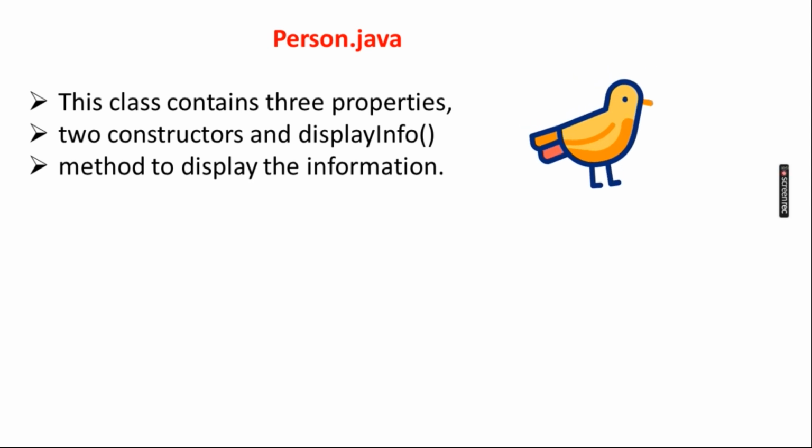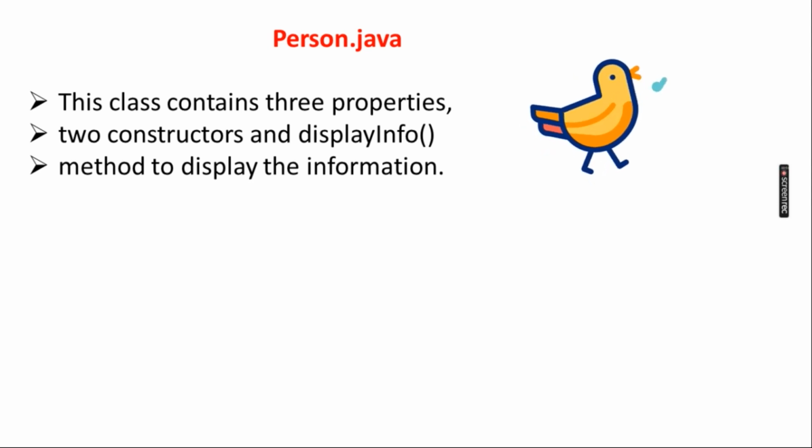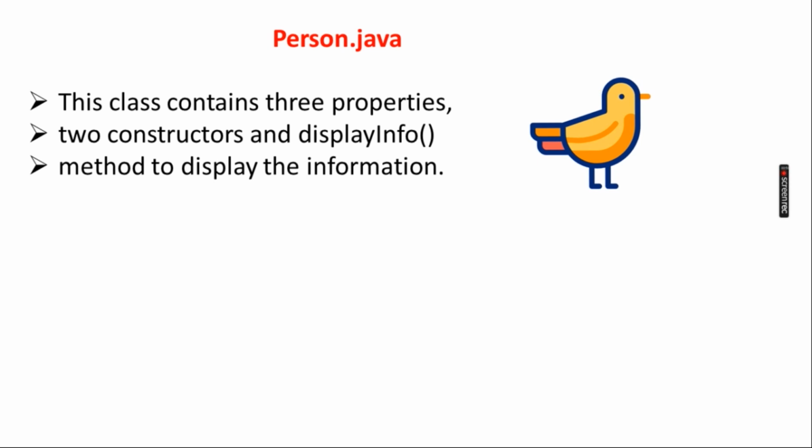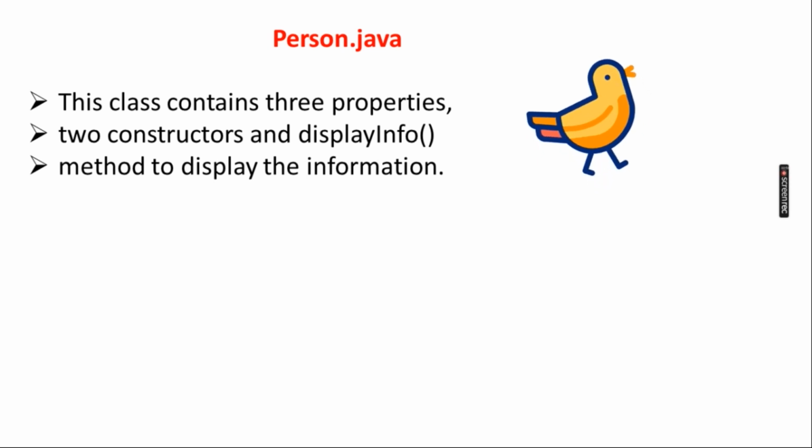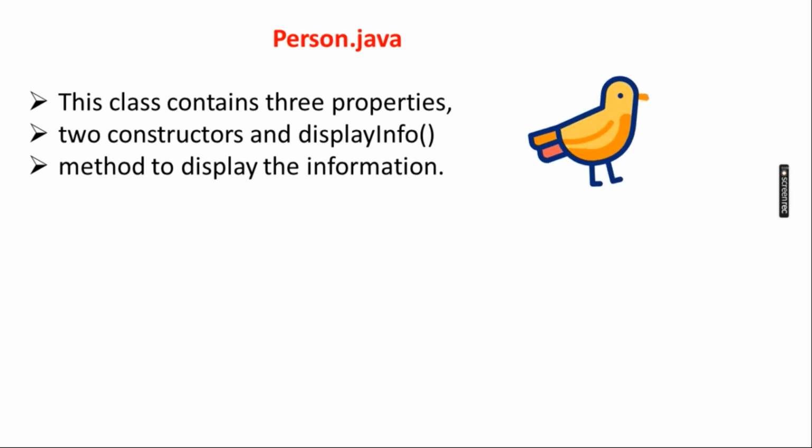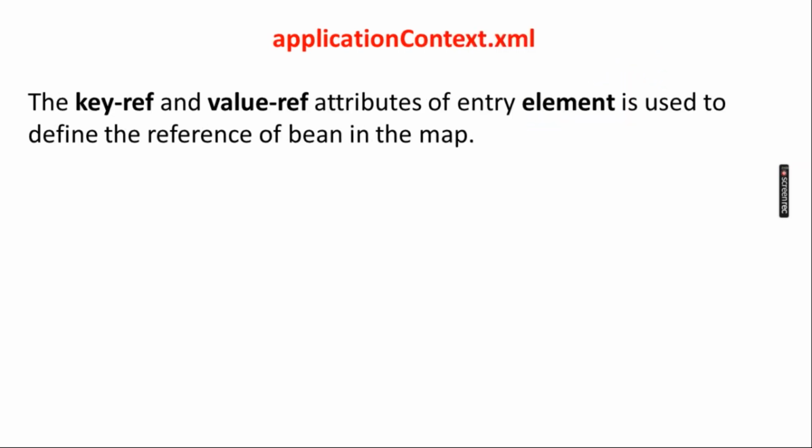So the first class will be our Person.java. This class contains three properties, that is person ID, person name, and our map object, two constructors, and a display information method to display the particular information. Then applicationContext.xml: in this XML file, the key-ref and value-ref attributes of the entry element are used to define the references of beans in the map.